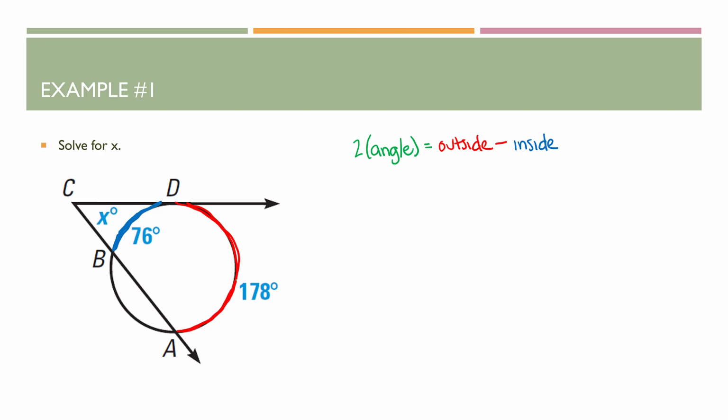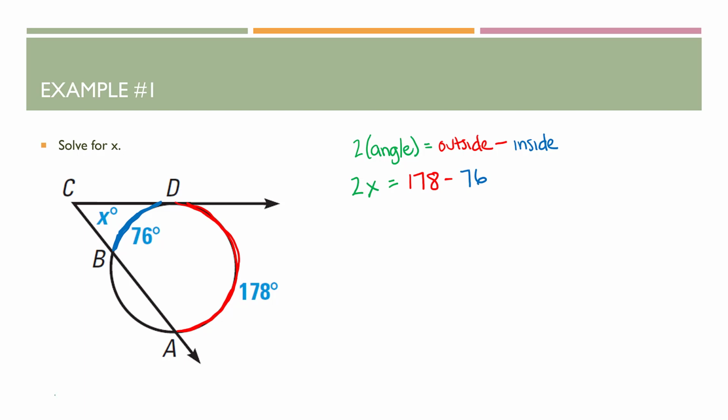So what we're going to do is plug in these values. So 2x, because our angle is the measure x, equals, outside measure is 178, subtract the inside measure, 76.